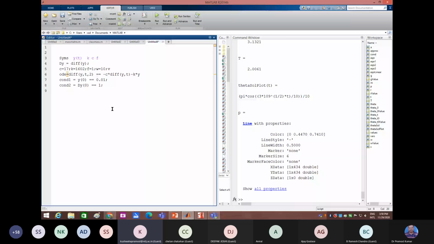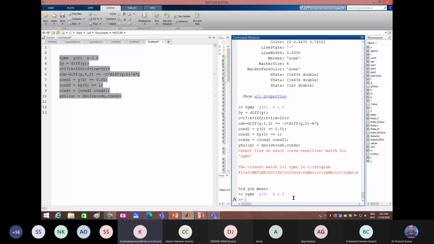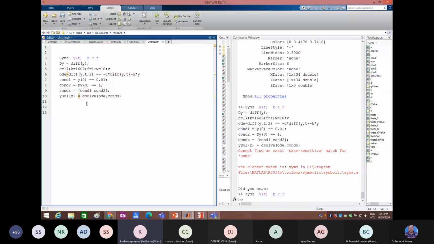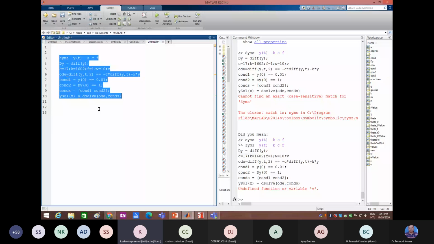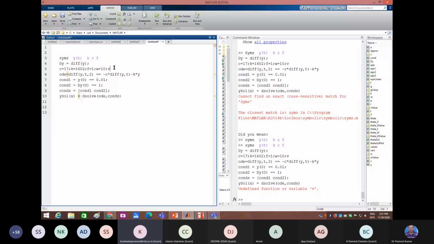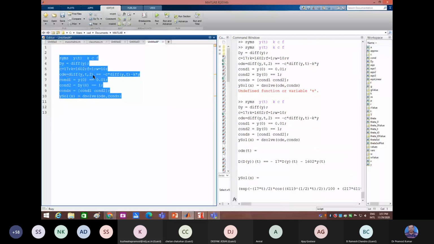No need to remember the solution of the differential equation. Define V. This is V. Now we get the solution of this by putting the boundary conditions.